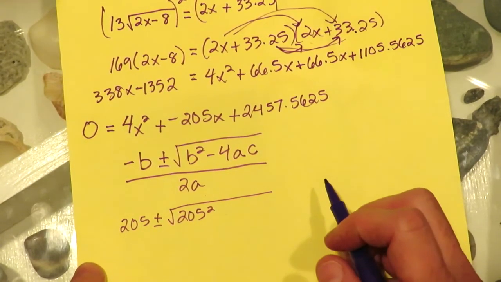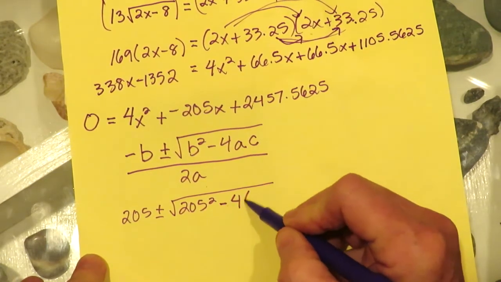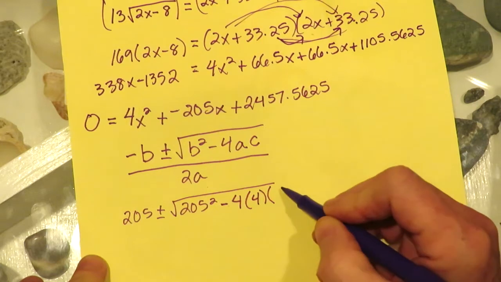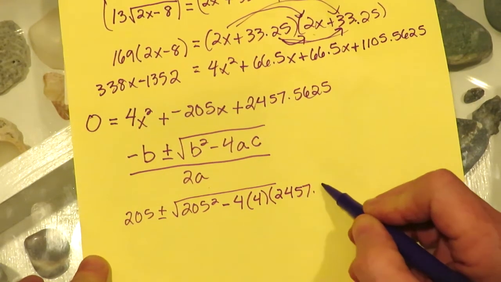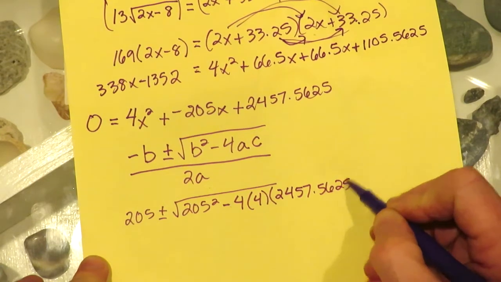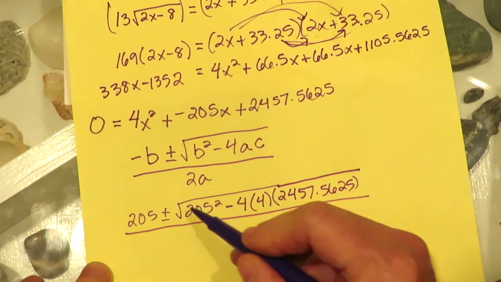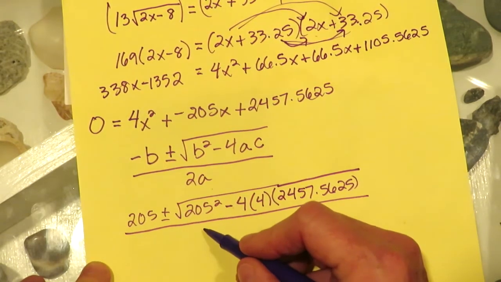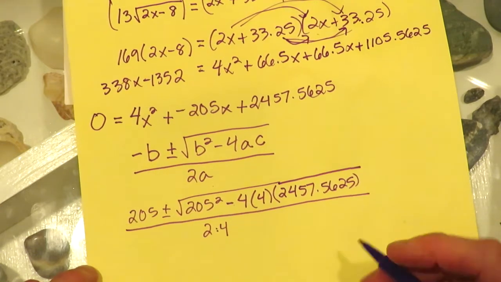Again, I know I didn't put the negative, but when you square, it's not going to matter. Then minus 4 times 4 times 2,457.5625. That's my discriminant. Again, the calculation underneath that square root is the discriminant. And then 2 times 4 should be in the denominator.